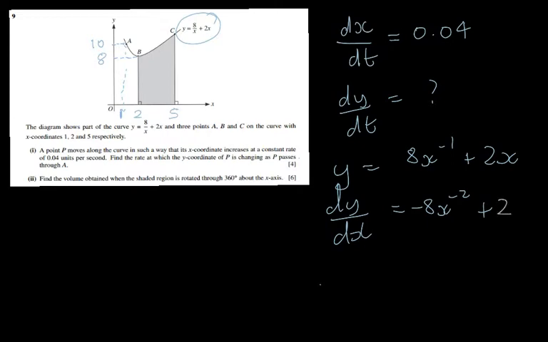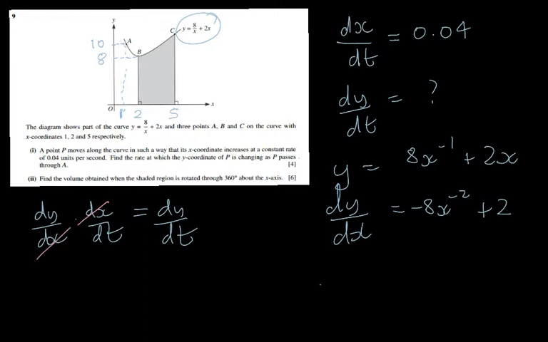And then we think, well, I've got to somehow combine this dy/dx with this dx/dt to get dy/dt. And in this case here, it's quite nice because how they are is how we'll use them. So if I take dy/dx and multiply that by dx/dt, I will get dy/dt because these dx's will cancel out.